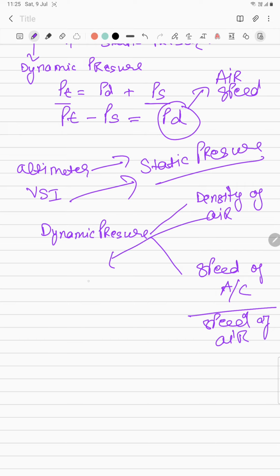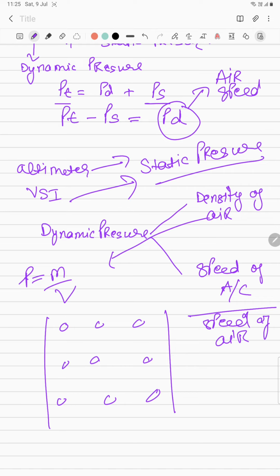See, if the density of the air is less, and as we know density is mass divided by volume, then guys, if your density is less, you have fewer molecules in the same column of air. Now when the aircraft is traveling through fewer molecules, it will have less dynamic pressure, because fewer molecules are being hit by the aircraft or being resisted by the aircraft.